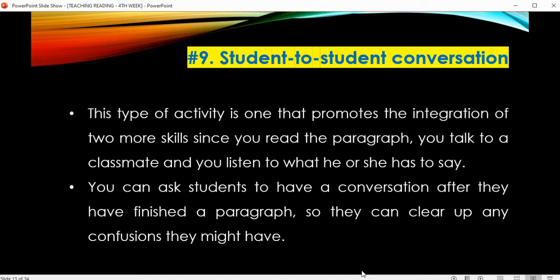Notice this process of reading is more active and promotes, as it says in the first part, the integration of two or more skills in the process of reading, because they are going to talk, one of them is listening, and they interact. Okay, so I advise you to do this. It's also amusing for students, not just reading on their seats silently. No, it's an interaction process.